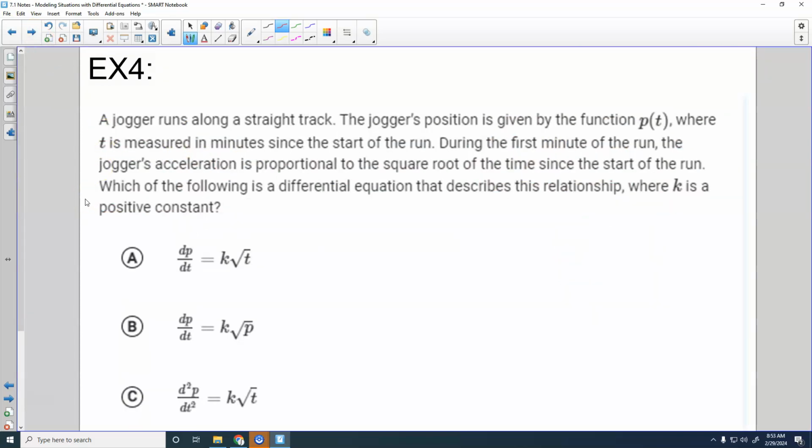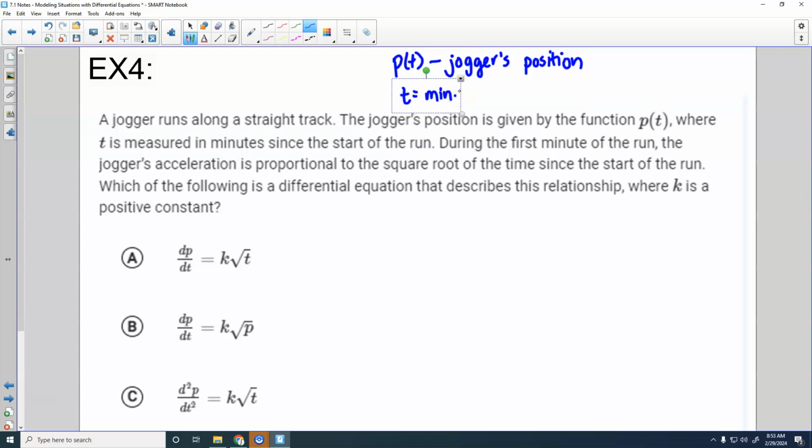All right. 4. A jogger runs along a straight track. The jogger's position is given by the function P of T, where T is measured in minutes since the start of the run. So I like to note that P of T is the jogger's position, and T is minutes.